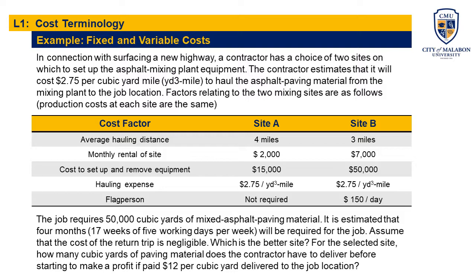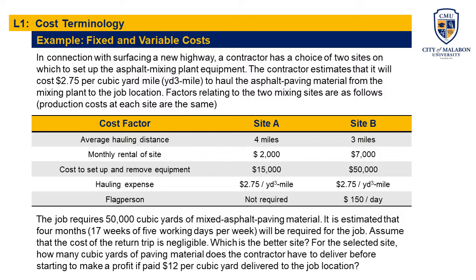Assuming the cost of the return trip is negligible, which is the better site? Is it site A or site B? For the selected site, how many cubic yards of paving material does the contractor have to deliver before starting to make a profit, if the contractor is paid $12 per cubic yard delivered to the job location?